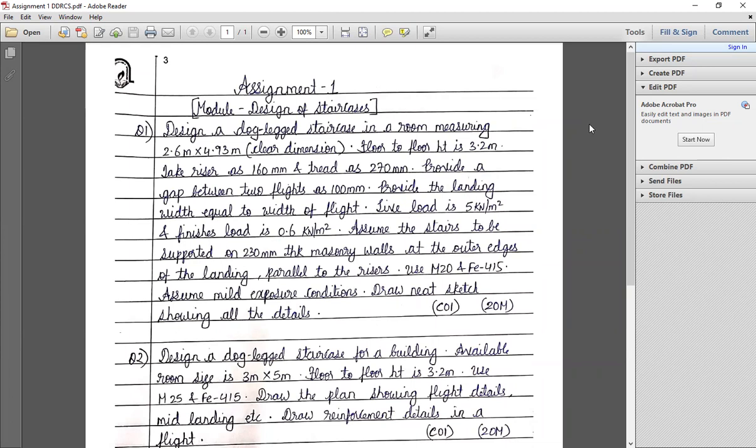So these diagrams you have to draw in the drawing notebook, no? Yes. I think I have told you: one is for counterfort retaining wall, one is for water tank, and one is for floor system. So we have to make a drawing book, na?